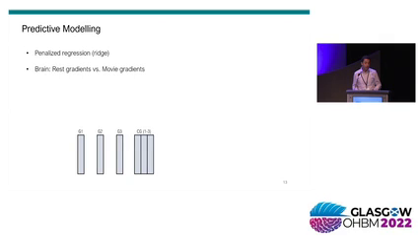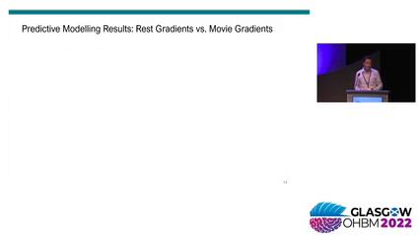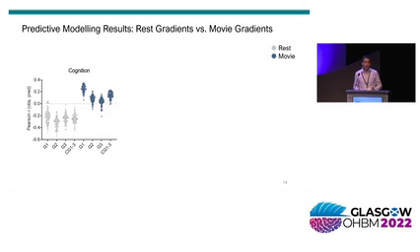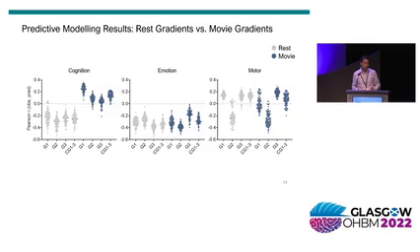So we did a regression model, and we compared movie and rest gradient 1, 2, 3, and all 3 gradients combined to predict the first component of a group of behavioral scores under cognitive, emotion, and motor domains. And we see that we're able to predict cognitive scores, at least with higher accuracy in movie watching gradient-based features compared to rest. We didn't get any significant predictions in emotion or motor scores.